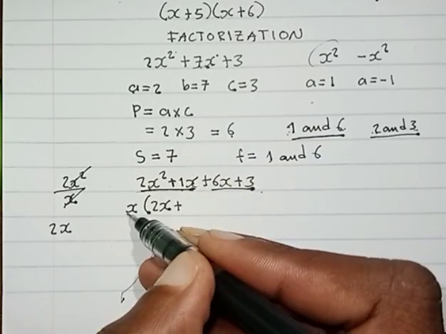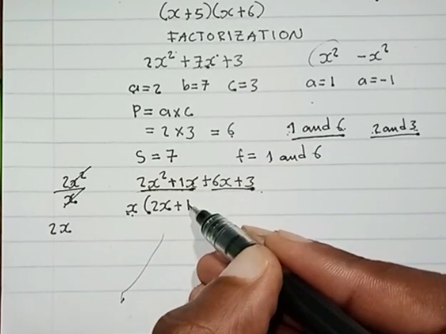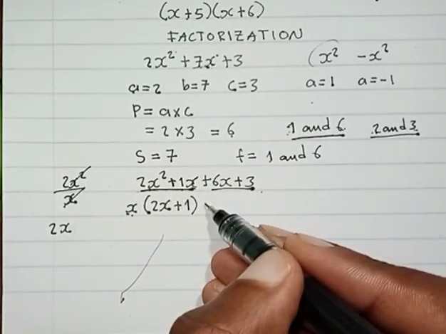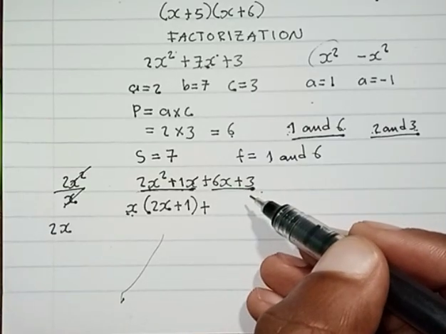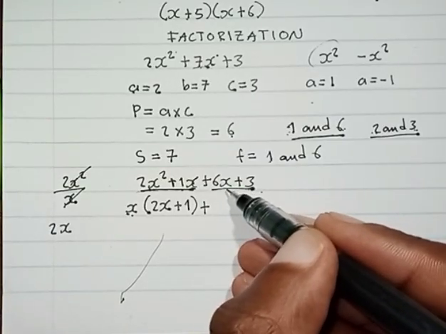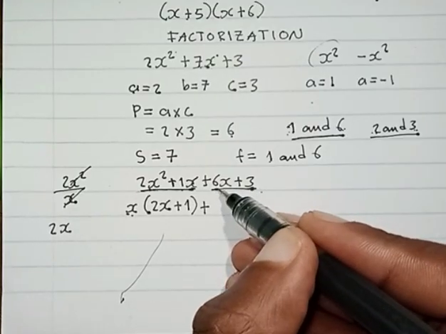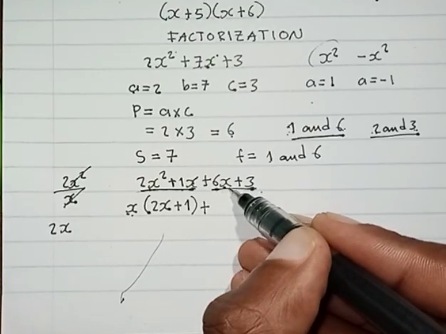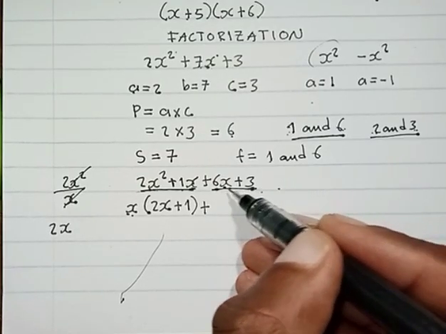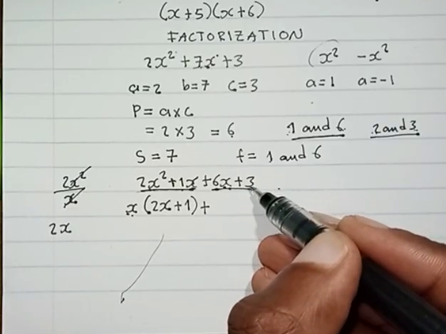So this x and this x will cancel, we just remain with 1, like that. Plus, then here we can also apply factorization. So we see what is common here. x is not common because x is just here, it's not on the other side. So the only thing that is common is positive 3.